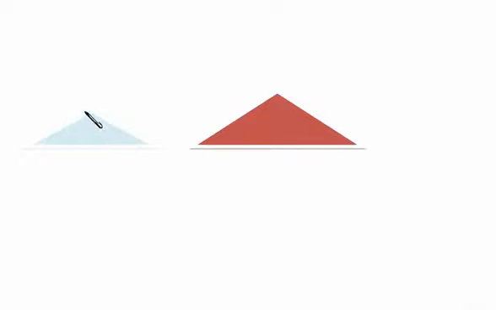Now we have these two triangles. This is A, B, C. This is P, Q, R, right? Now this angle is 120 degrees. This angle is 30 degrees. This angle is 30 degrees. Similarly, this angle is 120 degrees. This angle is 30 degrees. This angle is 30 degrees. Okay.